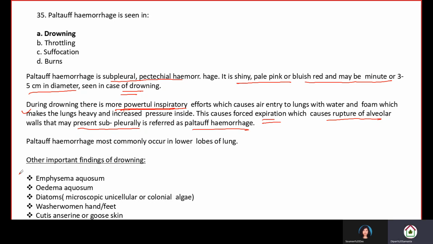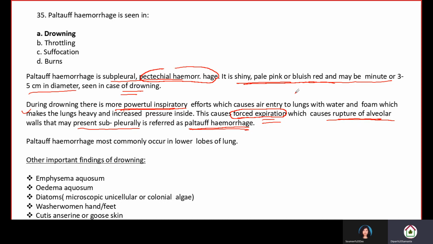Then forced expiration occurs, which causes alveolar rupture. Alveolar walls rupture, which may be present subpleurally, and when this rupture occurs, there will be hemorrhage. There will be subpleural petechial hemorrhage, appearing as shiny pale pink or bluish red, 3 to 5 centimeter in diameter. That is called Paltauf's hemorrhage.